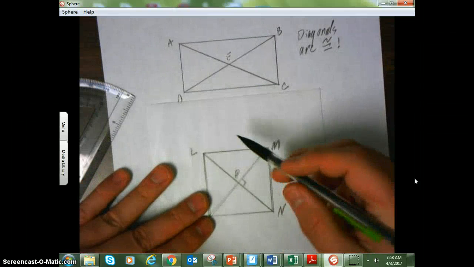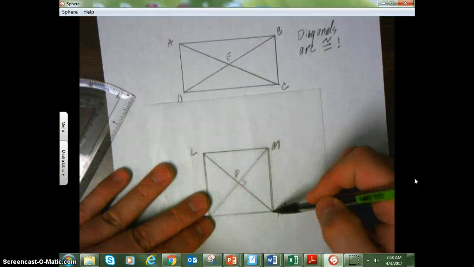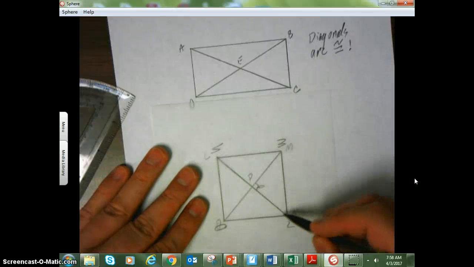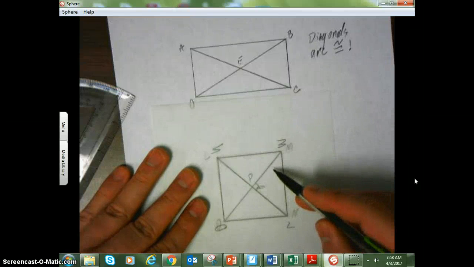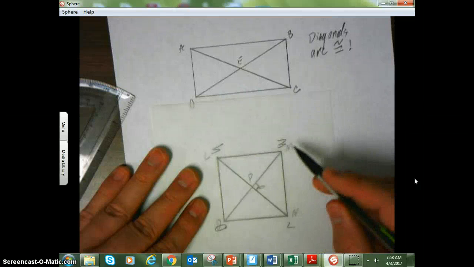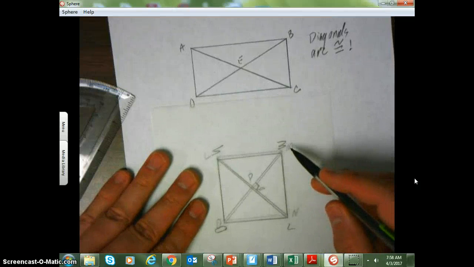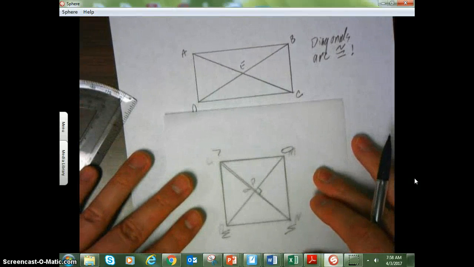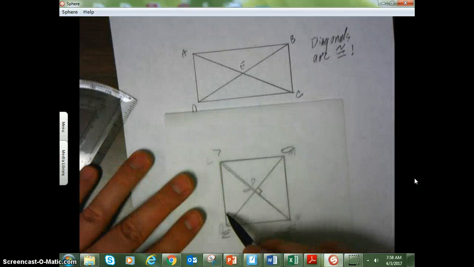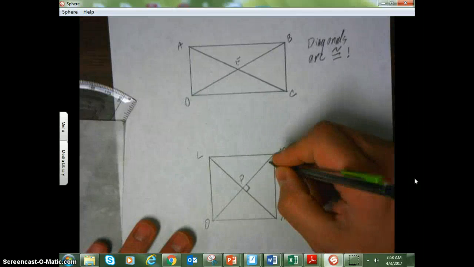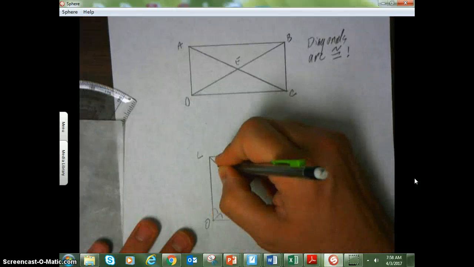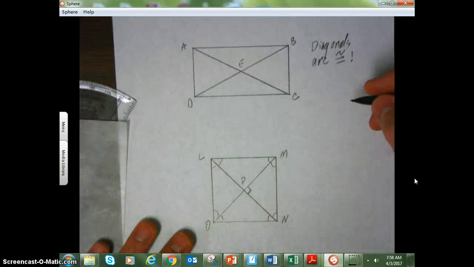So I'm going to take this point here, L, and move it over here to N and compare the angles, and we see that the two angles at L and at N are the same, and we can compare it here at M and O. So we can move it here so that points M and O are lying on top of each other, and we see, yeah, these angles do get bisected by the diagonals.